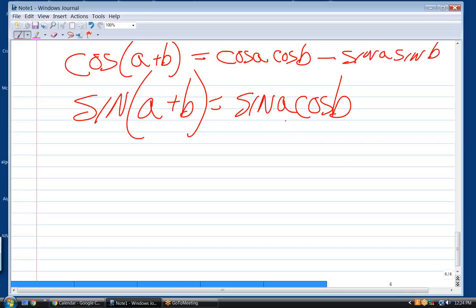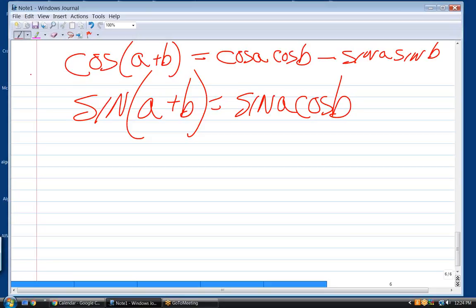In other words, what you need to remember is that there are two cosines and two sines in both of these. But the only one that begins with the same is that one. That's all you have to remember: it begins with the same, then the opposite sign, then the other.